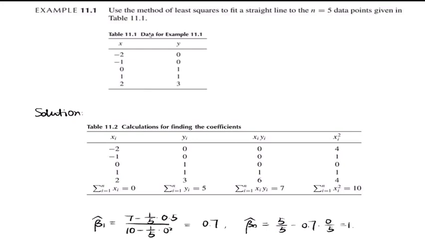And right now, we also want to investigate how unique our parameters are: the estimator for beta naught, the beta naught cap, and the beta 1 cap. That is why we say the properties of least square estimator.